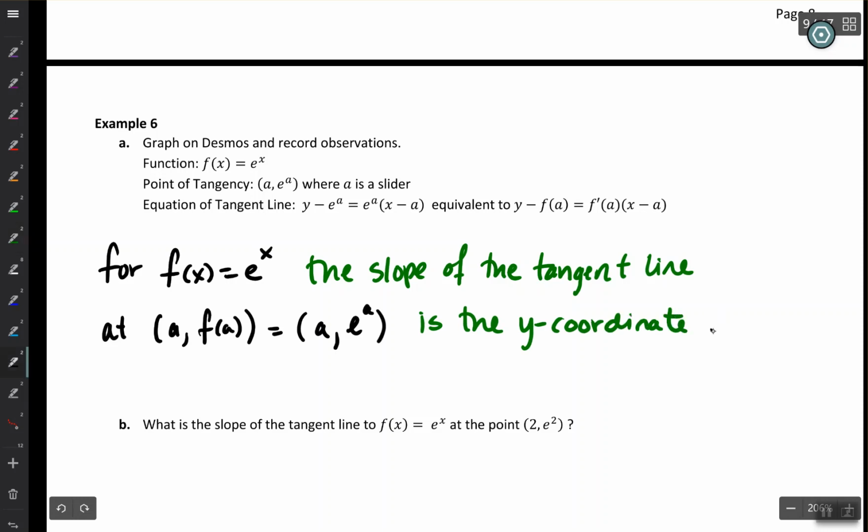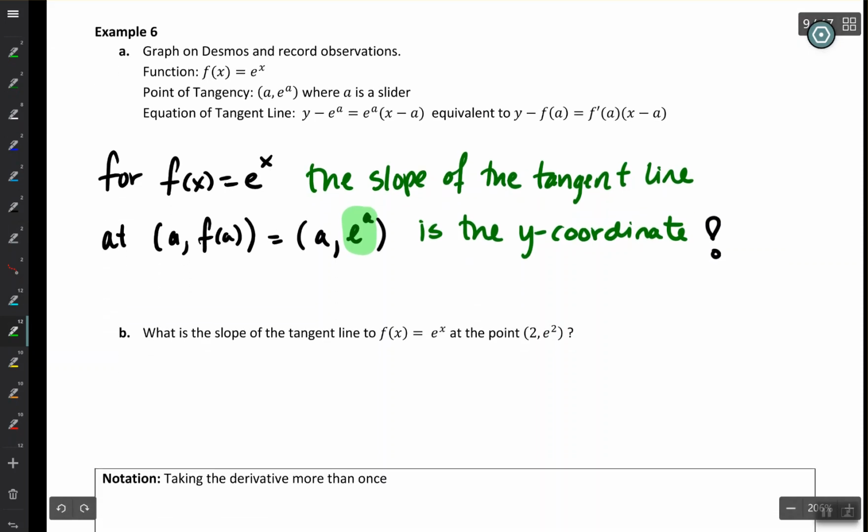Very, very, very cool. Right? The slope is just the y-coordinate. So what is the slope of the tangent line to y equals e to the x at the point 2, e squared? The slope's just e squared. Done.